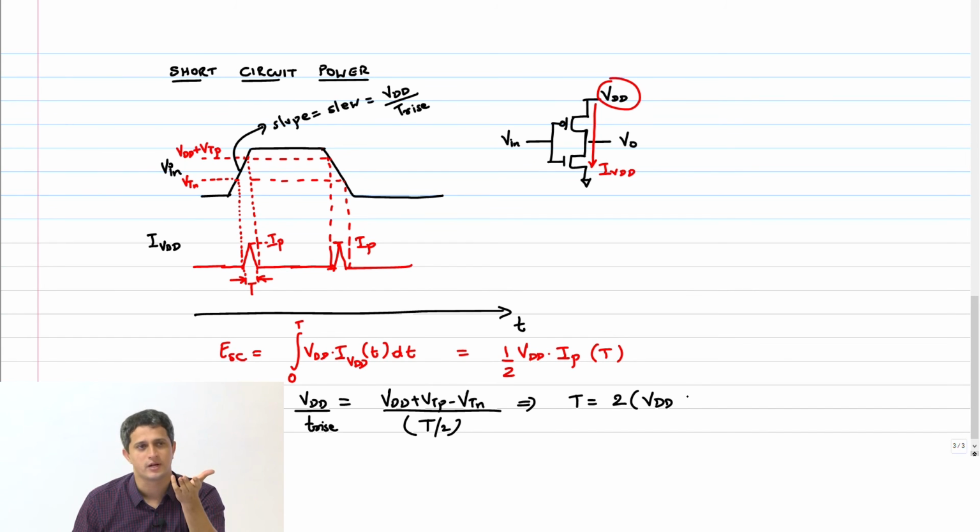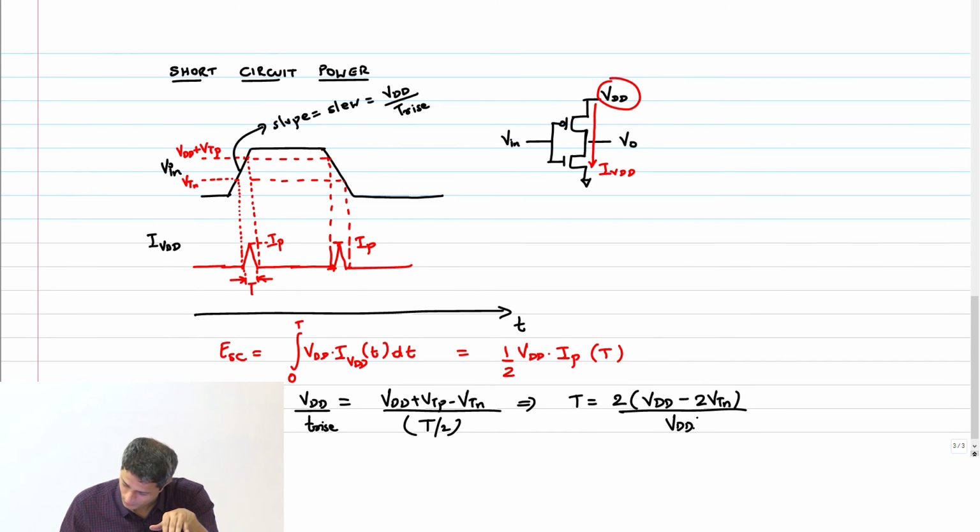Let's make an assumption that VTP is minus VTN, right? So you can write this as minus 2 VTN by what? VDD into T rise, right? Assume that VTN equals minus VTP.